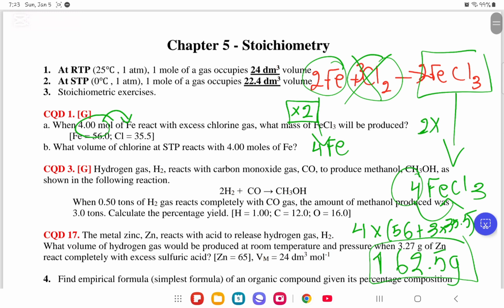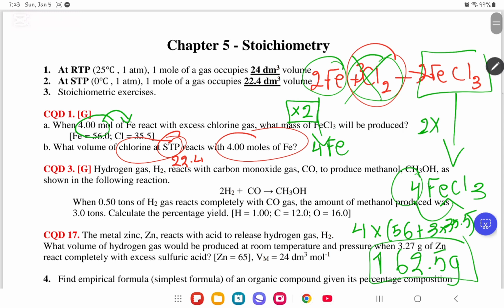Now, they asked what is the volume of chlorine at STP. So now they're asking about chlorine, so we're bringing it back into the equation. What volume of chlorine reacts at STP? STP we said is 22.4. With 4 moles of Fe, the original equation is 2Fe plus 3Cl2 gives us 2FeCl3.